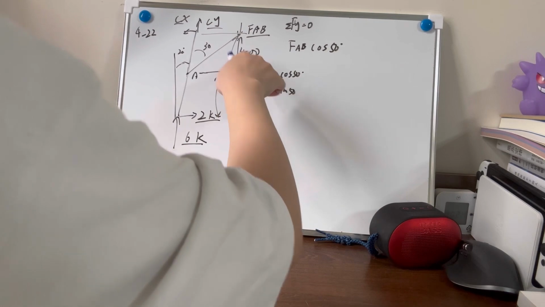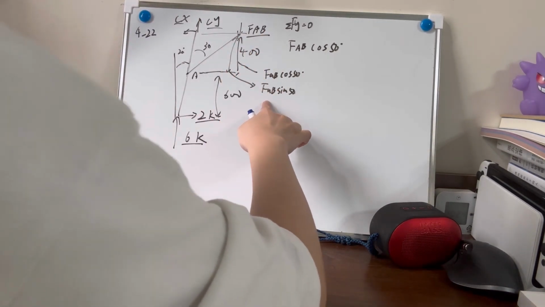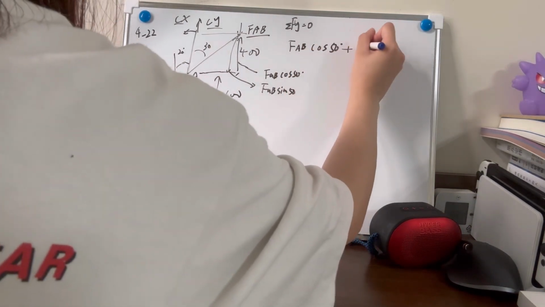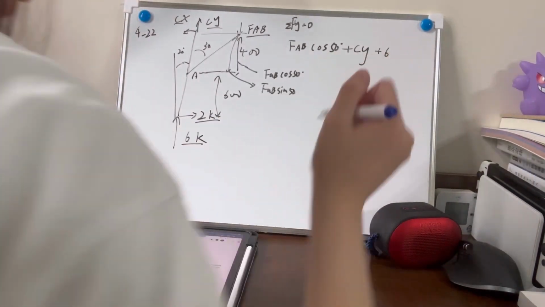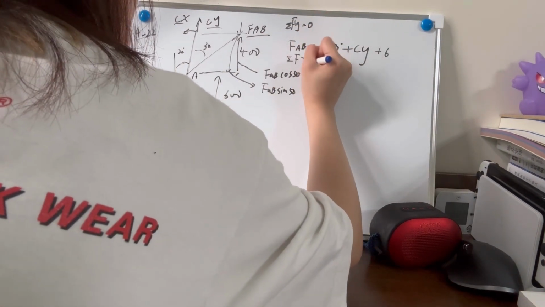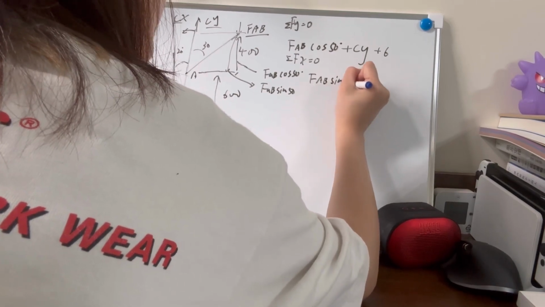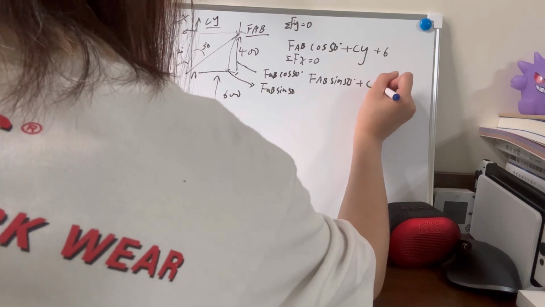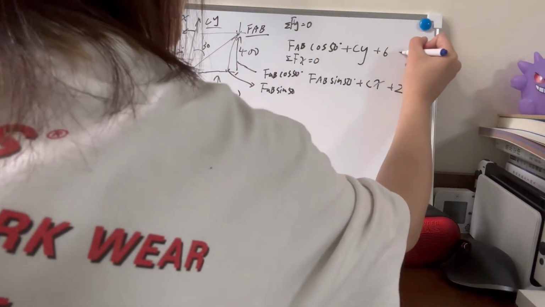It's y-axis force, and this is x-axis force. So y-axis force is this, plus Cy, and also have this 6. And the summation Fx equals 0, so FAB sine 50, and also Cx, and here 2, so equals 0.